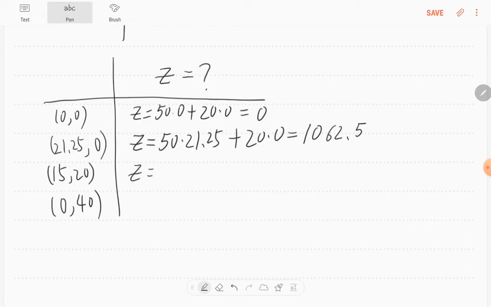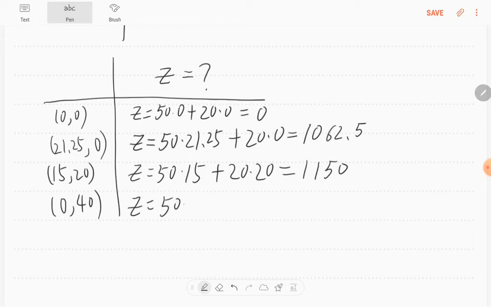This one is 50 times 15 plus 20 times 20, which is 1150. And this point gives 50 times 0 plus 20 times 40, which is 800.